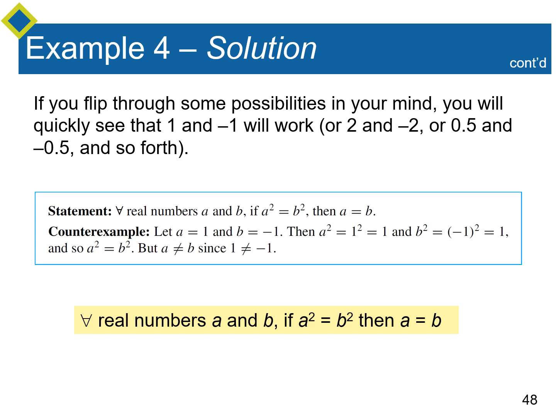We can see the statement and the counterexample: let a equal 1, b equal negative 1, then a square equals 1 and b square equals 1. So a square equals b square, but a and b are not equal, because 1 does not equal negative 1. So we use this counterexample. We say this is true.